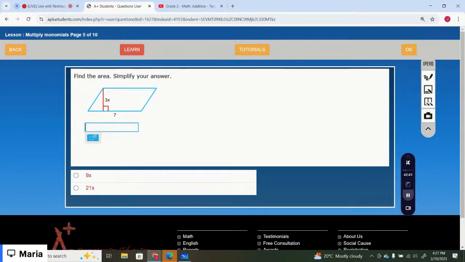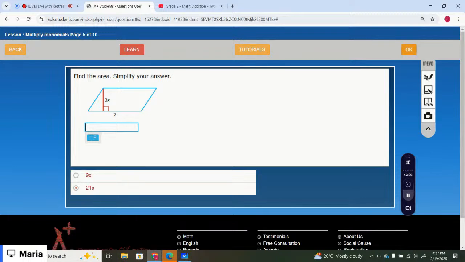Find the area. That is 7 times 3 is 21. That is 21x.